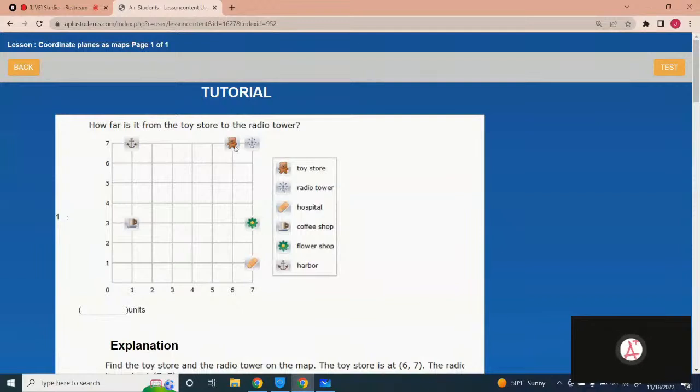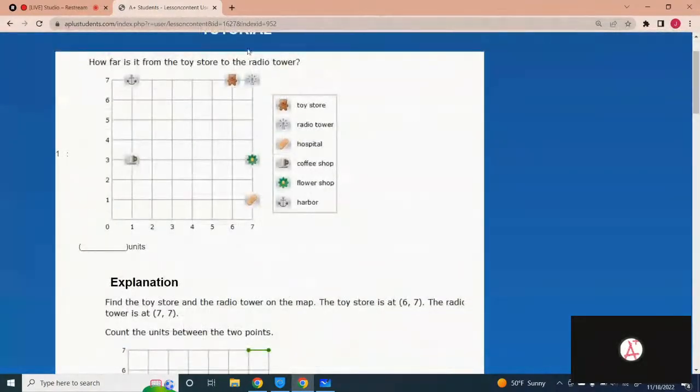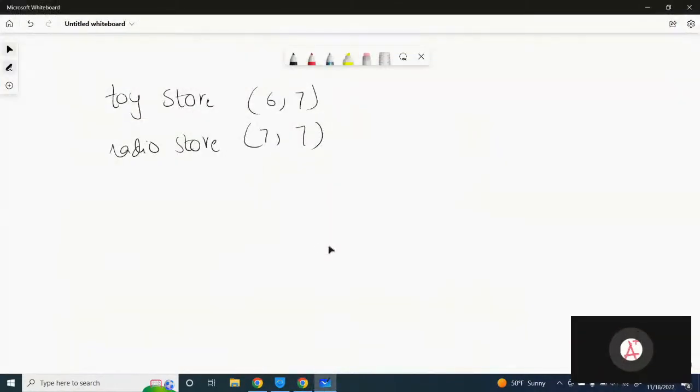For the toy store, x has the value 6, and for the radio tower, x has the value 7. So they are just 1 unit apart. You can see from the graph, or you can use the points. They have the same y points, so just subtract their x points. That means they are just 1 unit apart. Got it?